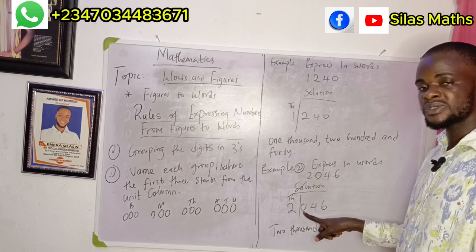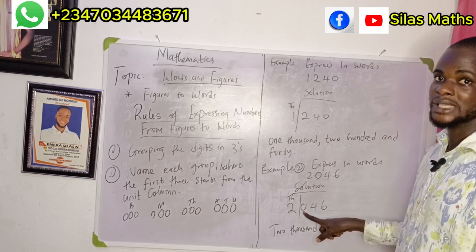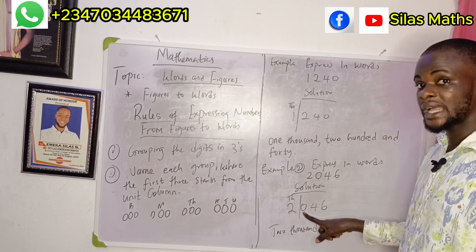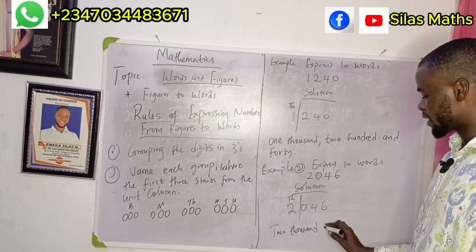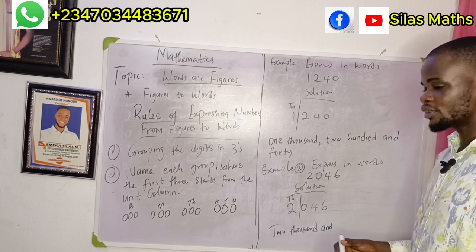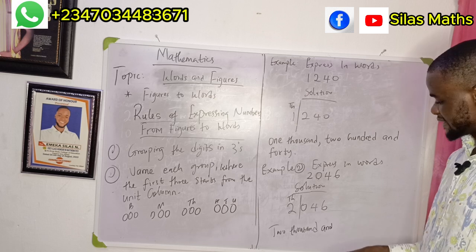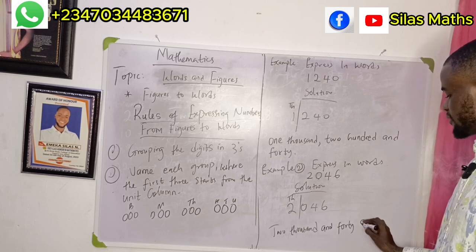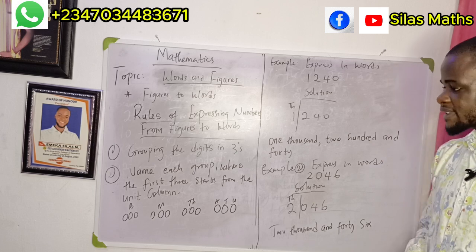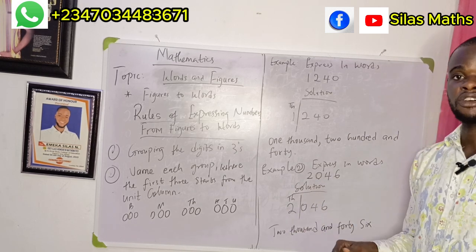So whenever the basic group starts with 0, we are going to name the basic group by starting with "and". So after 2000, I'm going to have "and", then go ahead and write the remaining number here, which is 46. Yes. So this is basically how we name or write every other number in words.